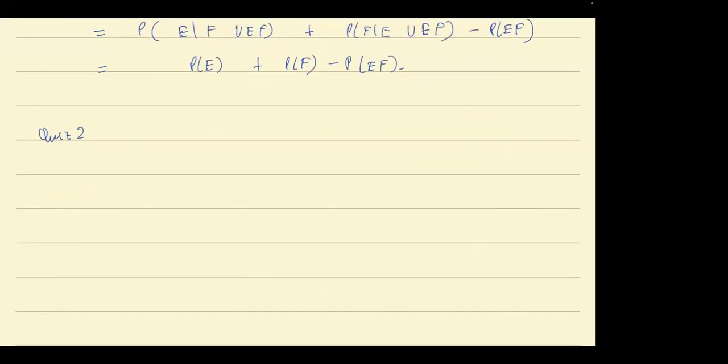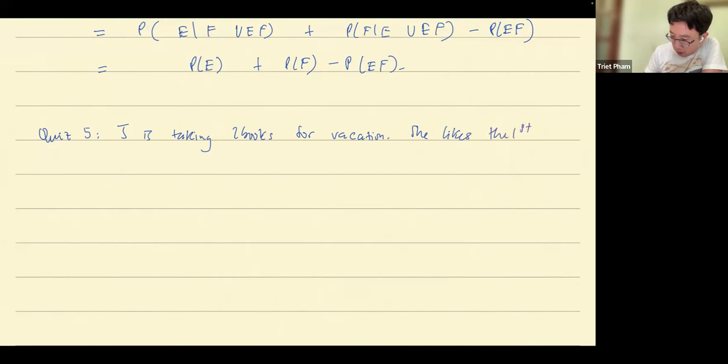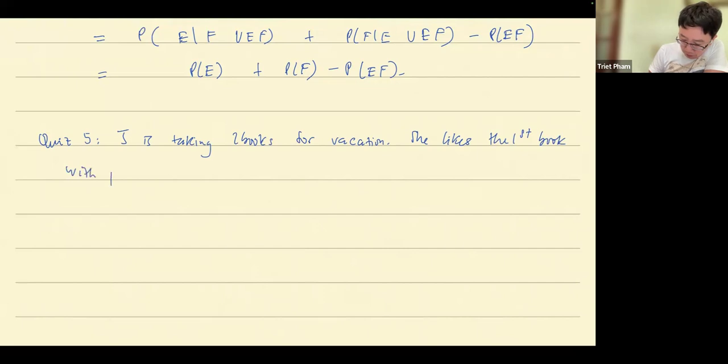All right, so Jay is taking 2 books for vacation. She likes the first book with probability 0.5.